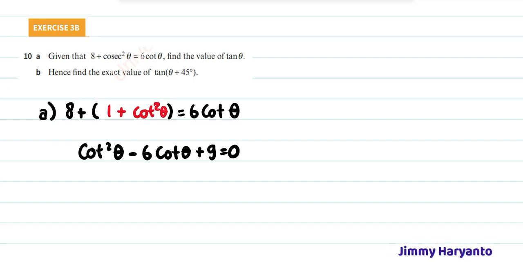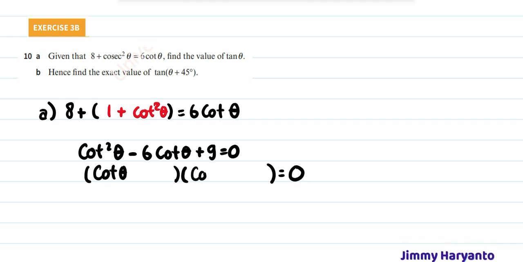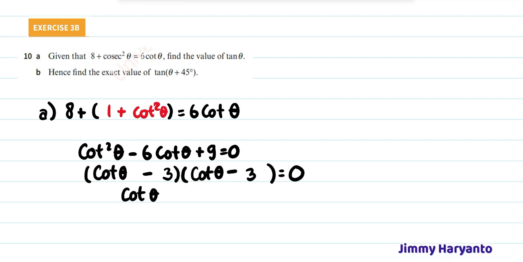And then after this I will factorize this one. So you have cotangent theta and cotangent theta right here. 9 is 3 times 3, and to become negative 6 I have to put minus for both of them. That means the result will be the same. So cotangent theta equals 3, and this one also 3, so you don't have to rewrite it.